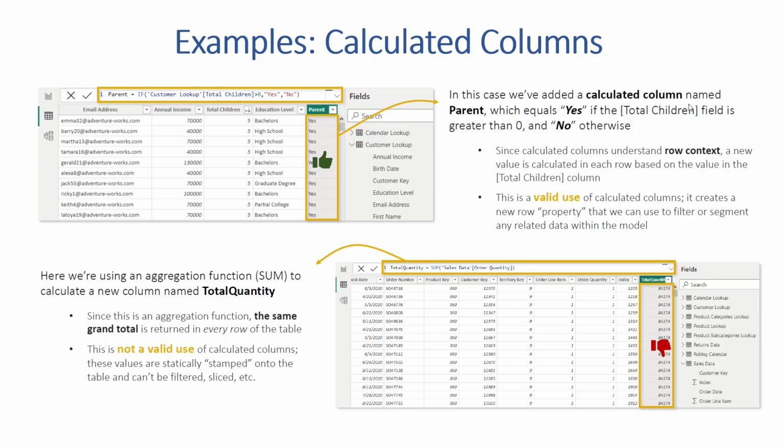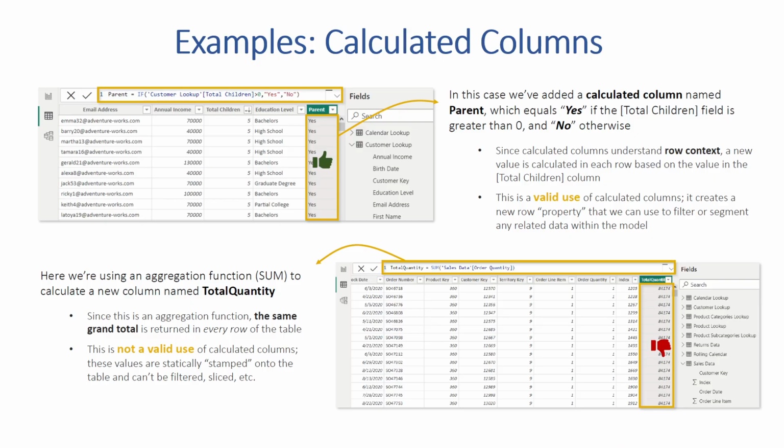We calculate it row by row, in every cell here. Since a calculated column understands row context, a new value is calculated in each row based on the value in the total children column, right? The resulting calculated column creates a new row property that we can use to filter, segment, and relate to the data within the model.